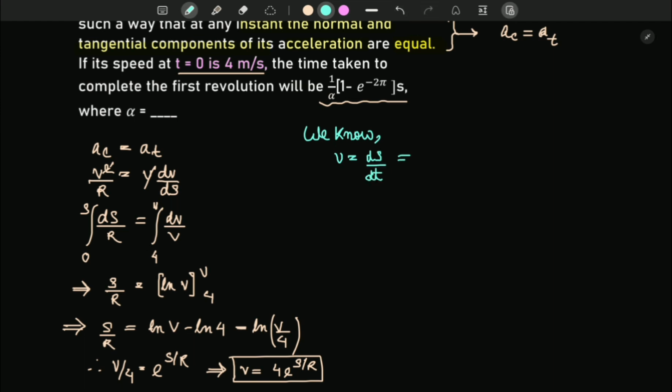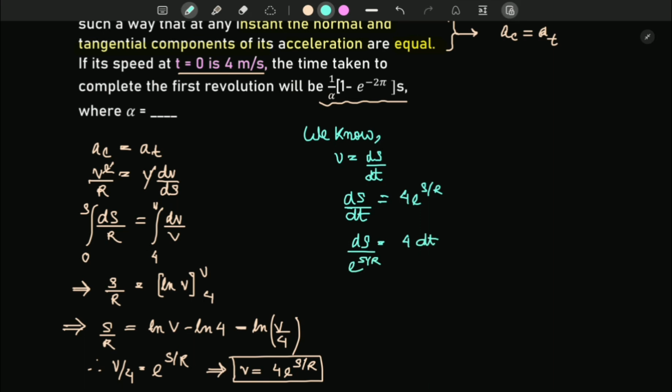So using the relation I have got for V, I will write ds by dt equals 4 e to the power s by R. Now let me move e to the power s by R to the other side. So ds by e to the power s by R equals 4 dt.